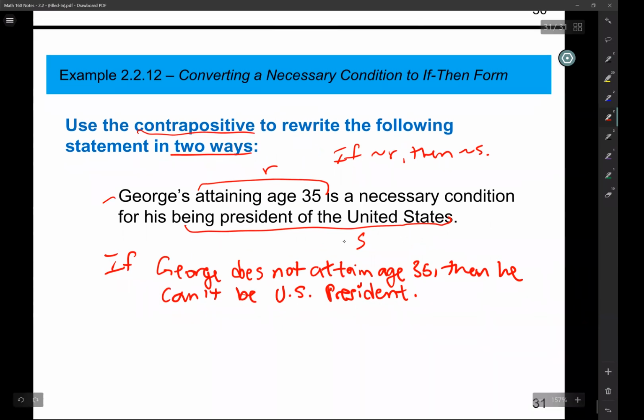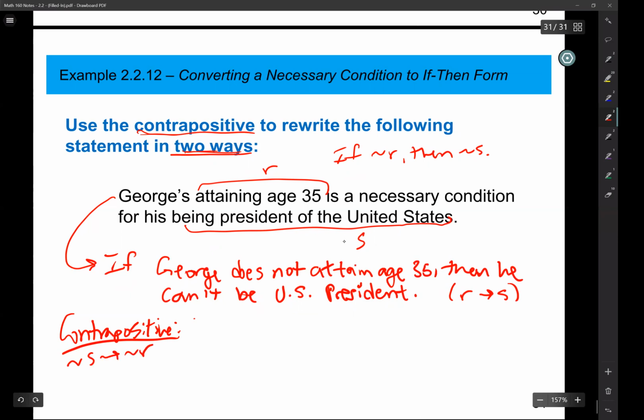So this is the conditional one. But I asked you to also do the contrapositive. So what would the contrapositive be? The contrapositive would say, okay, again, this is can't be U.S. president. So contrapositive means you flip it. So the original was R implies S. The contrapositive would be not S implies not R. So let's write that.